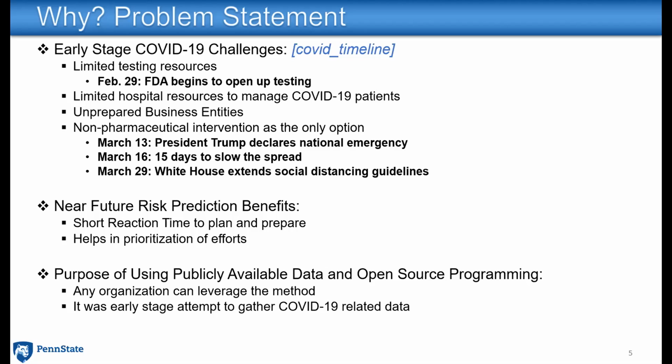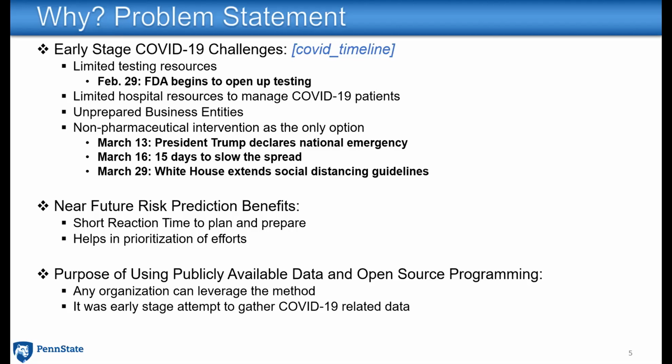And the purpose of using publicly available data and open source programming is any organization can leverage this method. And again, back in early March, around 5th March to 10th March, it was an early stage attempt to gather COVID-19 associated risk factor data at highest level of granularity.